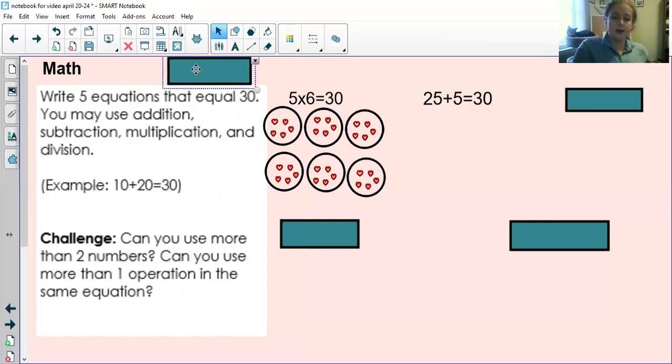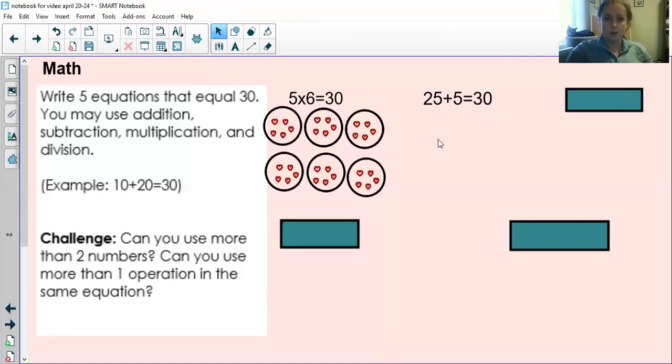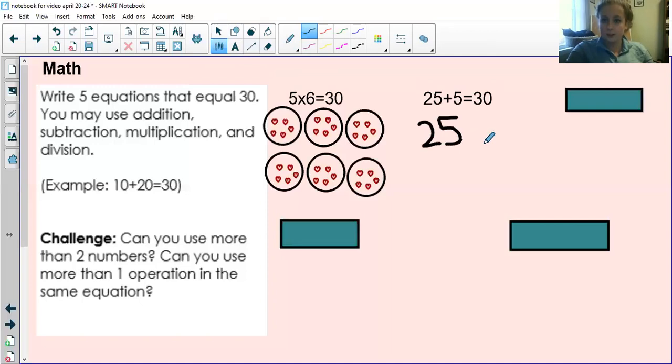Well, if I'm at 25 and I'm counting up, I know some of you go 26, 27, 28, 29, and there would be 30. So there's an equation. You start at 25, you add 5 to it, you get 30. And that's one way to solve.